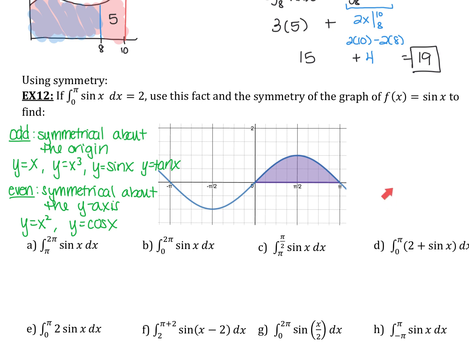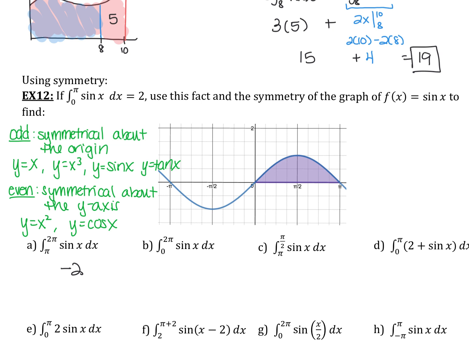Okay, so let's look at this first one. If we're going from pi to 2 pi of sine of x dx, so pi to 2 pi is this other curve back here. Knowing it's symmetrical, knowing what we know about sine, if the area is 2 from 0 to pi, so this is positive 2, then we know the area from pi to 2 pi is negative 2.